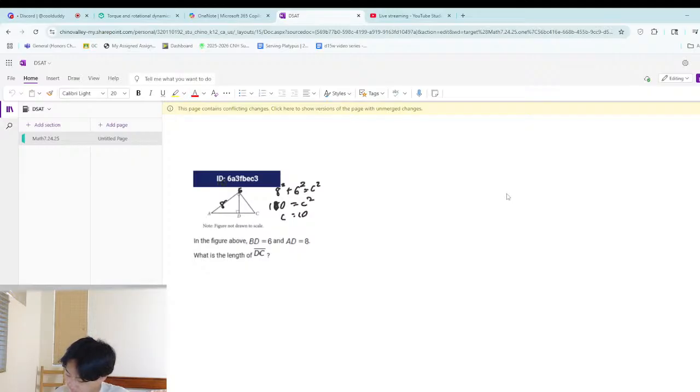I'm thinking we could do something like X squared plus 6 squared is equal to C squared plus 36. C squared minus 36, square root that.